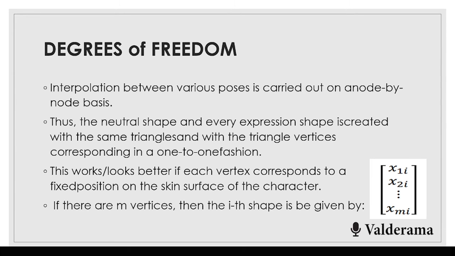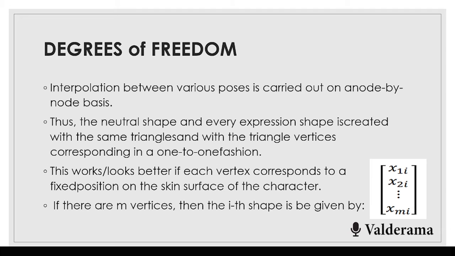Degrees of freedom. Interpolation between various poses is carried out on a node-by-node basis. Thus, the neutral shape and every expression shape is created with the same triangles and with the triangle vertices corresponding in a one-to-one fashion. This works better if each vertex corresponds to a fixed position on the skin surface of the character.